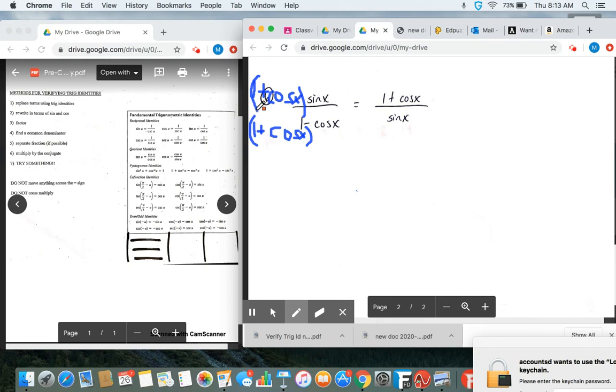So we'd have to multiply the numerator and the denominator by the conjugate, the same thing, different sign, so 1 plus cosine x. Now, in the numerator, I'm not going to distribute. I'm just going to set it up. I'm just going to write sine x times 1 plus cosine x.